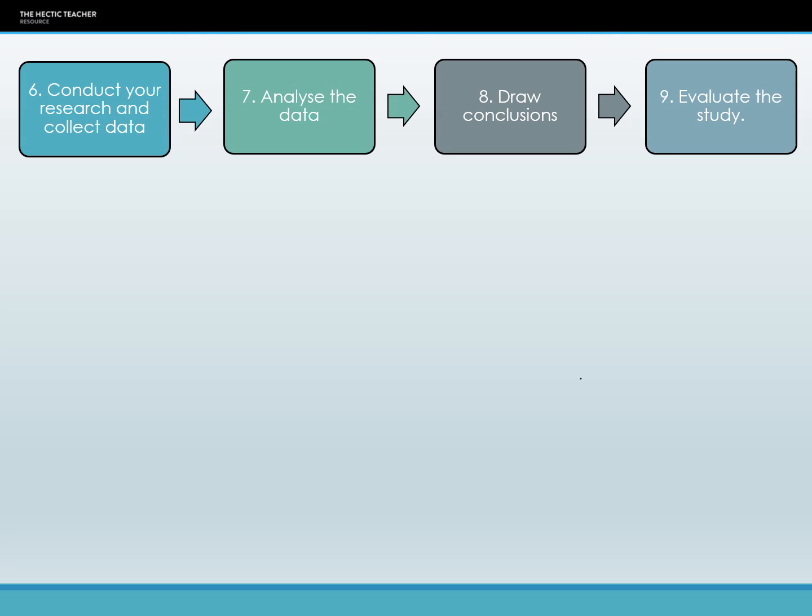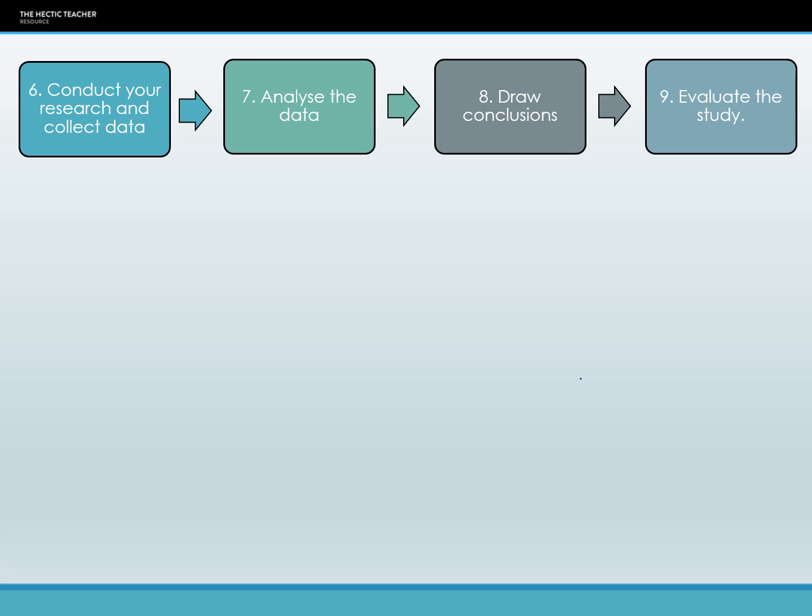Now, as I said, the last 4 steps in the hypothetico-deductive model are about the conducting and collecting of data, the analysing of data, drawing conclusions and evaluating the study. So this is not technically research design, this is the conducting of research. When a sociologist conducts their research and collects their data, they may not be the actual person that does that.